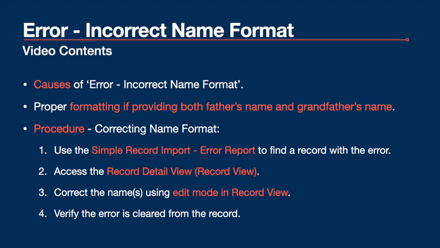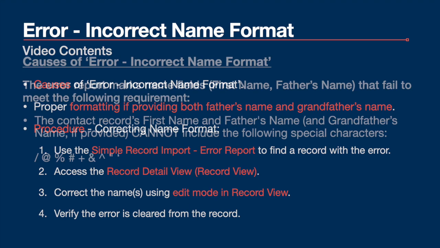We'll begin by using the error report in the Simple Record Import feature to find a record with this error. Then we'll access the record's detail view, also called record view, and then we'll correct the names using the edit mode in record view. And finally, we'll save and verify that the error has been cleared from the record.